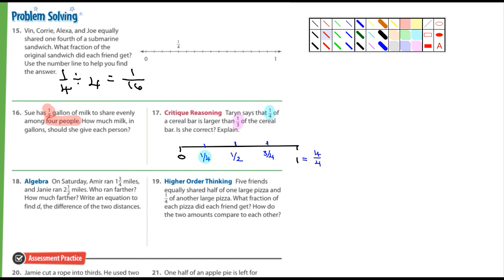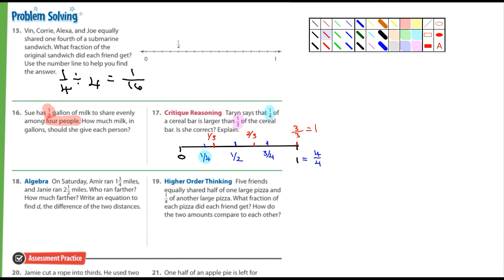We're dividing it into thirds. There's going to be 3 equal parts. So 1/3 would, I don't know, be right about there. I'm going to put 1/3. 2/3 would be, I don't know, probably right about here. Here's 2/3. And what would 3/3 be? Well, 3/3 is equal to 1. So that would be right there.